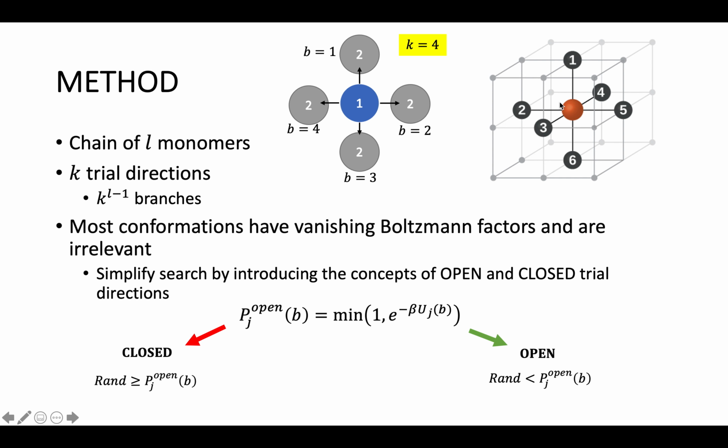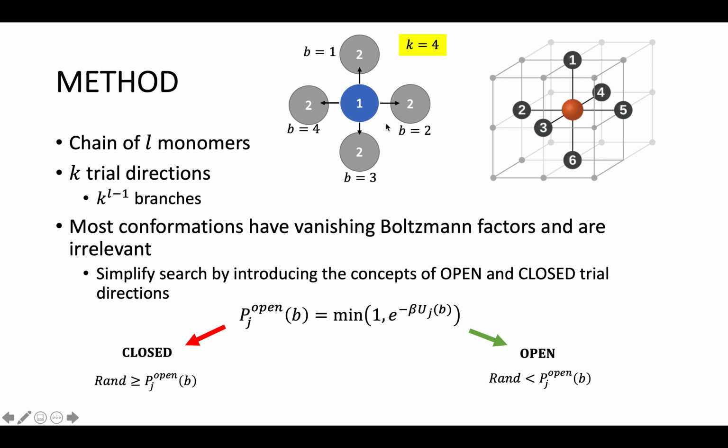Of course, k is a number of trial directions that depends completely on the specific system you're trying to model and the constraints you may have. So now we see that we have k possible chains that could be formed out of all the conformations we can create for 2 monomers.